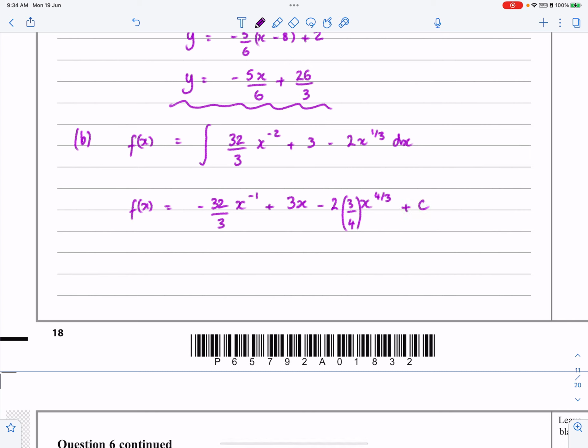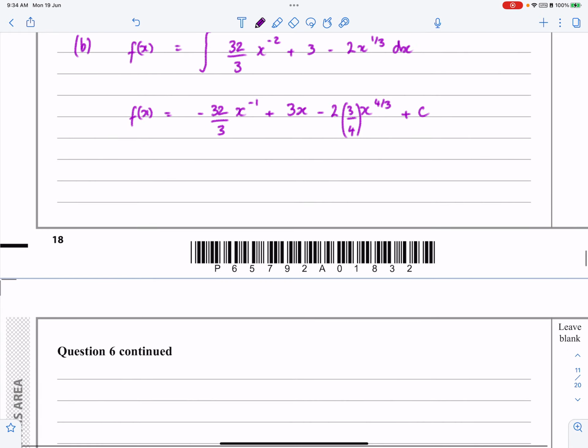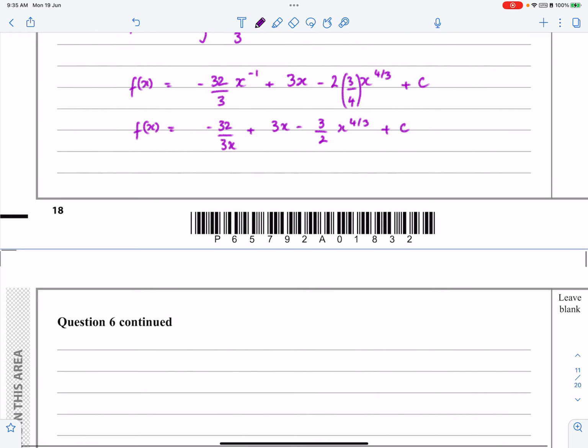It doesn't matter which way you do it, as long as you're getting the answers right. So f(x) is going to work out to be minus 32 over 3x plus 3x, and then that tidies up to minus 3 over 2 x to the 4 over 3 plus c.